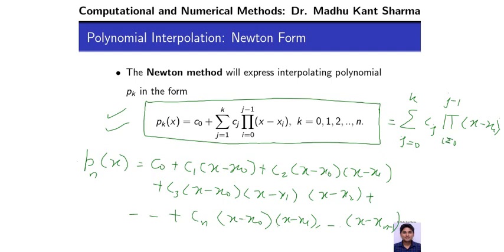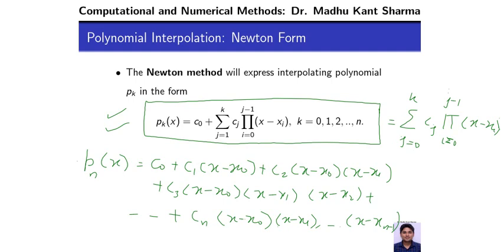Now, when you put j equals 0, the product is i equals 0 to minus 1. Here we should use the convention that the product over i equals 0 to m, whenever m is less than 0, is equal to 1.